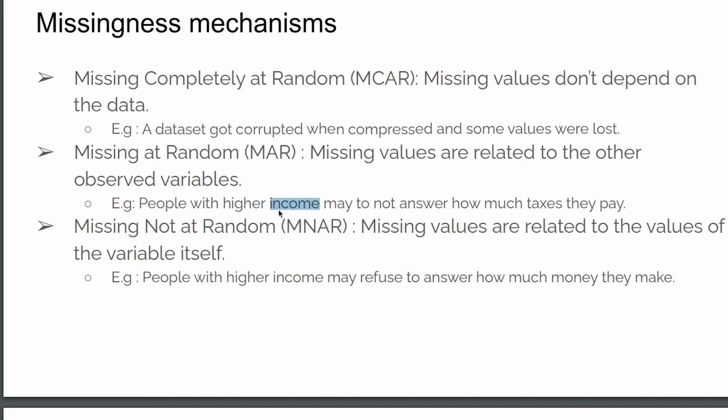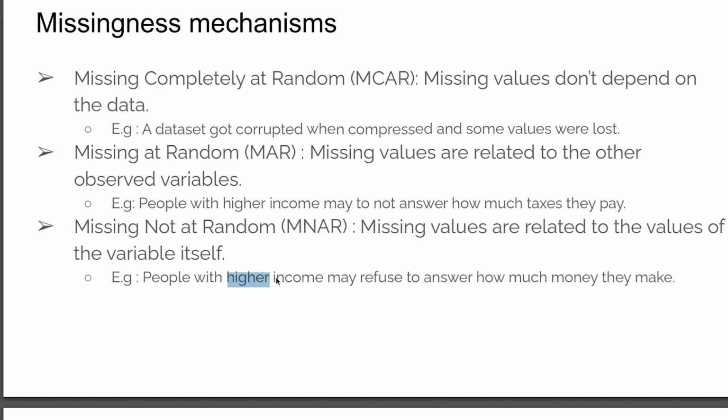You have captured the variable income. If your variable income was not in your data and you only had taxes, then it would be missing not at random, meaning missing values are related to the values of the variable itself or other latent variables, meaning unobserved variables. So this is the same example. People with higher income may refuse to answer how much money they make.